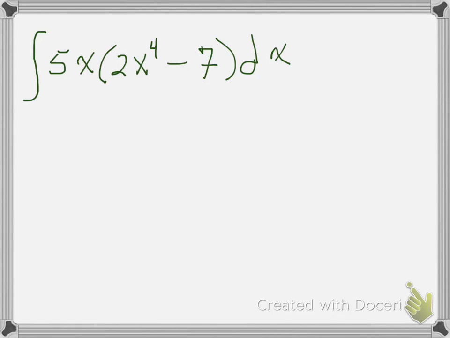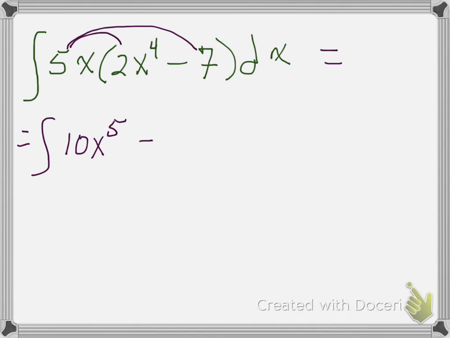Well, before we start to panic, let's do a little work inside that integrand. 5x times 2x to the 4th is 10x to the 5th, minus 7 times 5 is 35x dx.